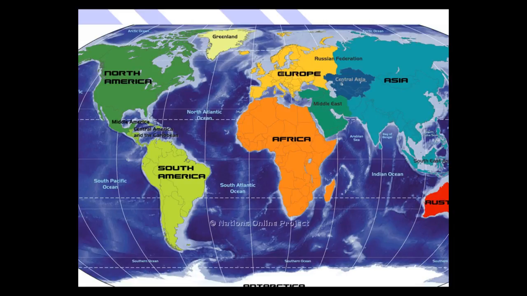So maybe right now we're only available in North America, and so we're going to go global. Or we're only available in the US, and so we're going to go into Canada. Or we're only available in Massachusetts, and so we're going to go into the rest of the Northeast, and so on and so forth. Geographic markets are one of the first things that people think of when they think of new markets. But there are other different types of markets.